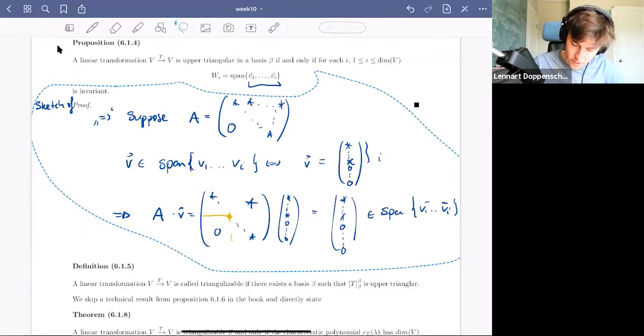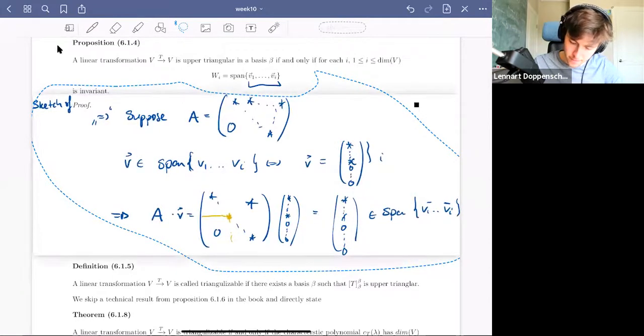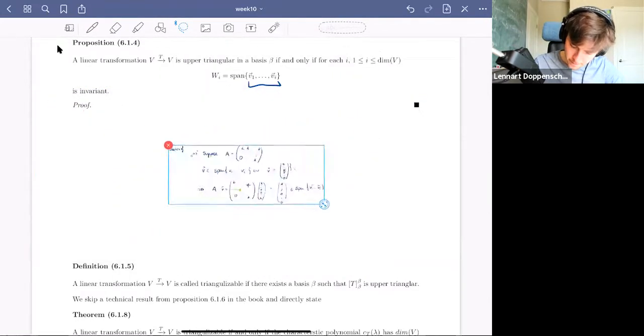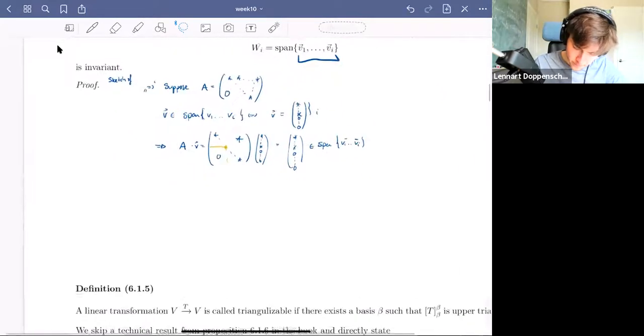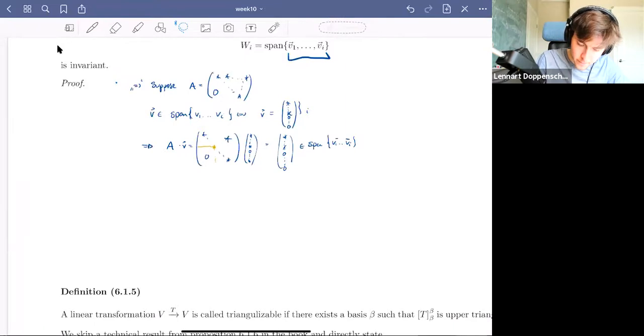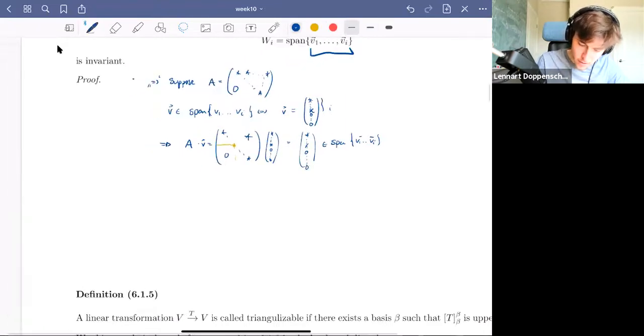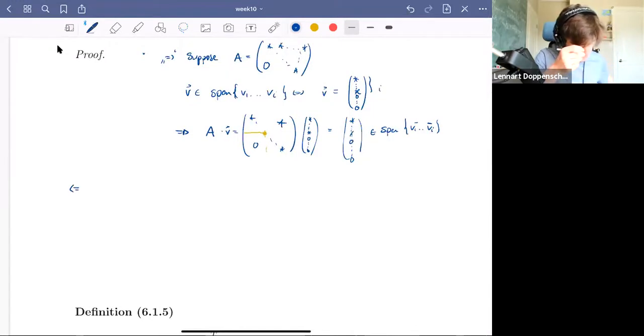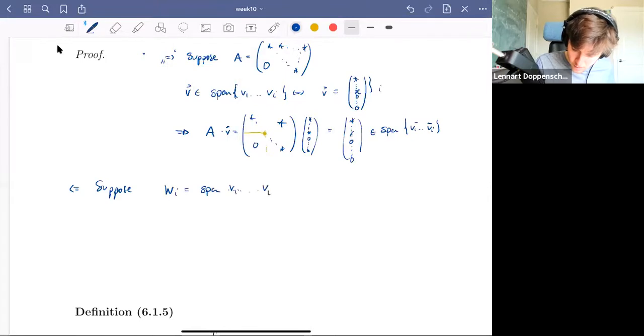Let me also sketch the other half. So the other direction goes as follows. Now we suppose beta is the basis as above, and Wi is equal to the span of v1 to vi, and this is invariant.